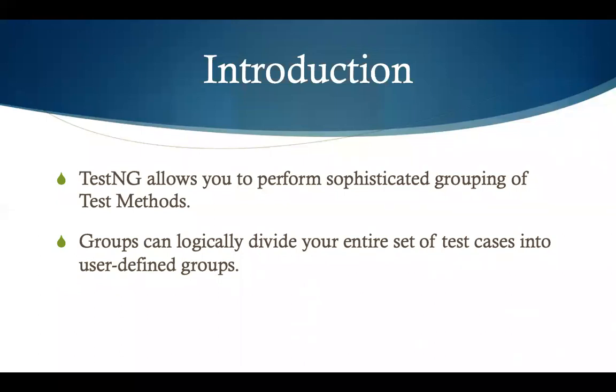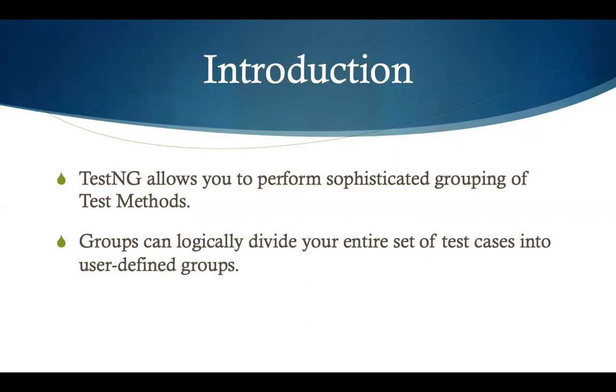Every group will have a certain name, and that name is user defined and not defined by TestNG. So the user has a choice to give any name to the group. For example, if I want to give regression as a name to my group, I can.